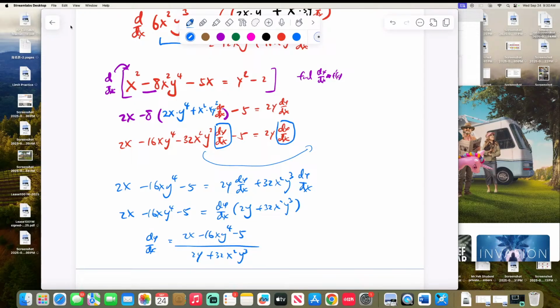So here is the reason why you have to use the implicit derivative, because of y to multiple powers and also the mixed term between x and y. And in this case, you cannot isolate the y by itself, because if you do it explicitly, you isolate the y and take a derivative of the function. In this case, it's not possible to isolate the y. No way. There's no mathematical way to isolate the y. Okay, so this is why you're doing implicit.